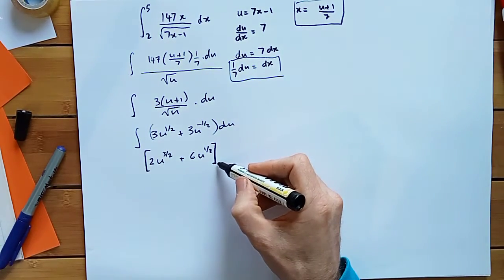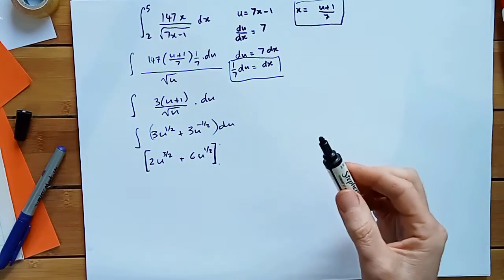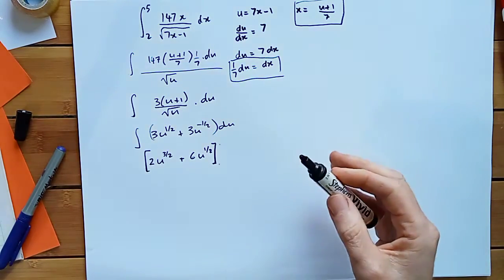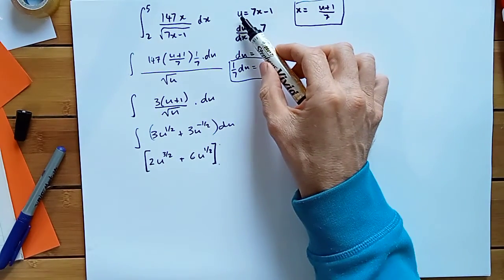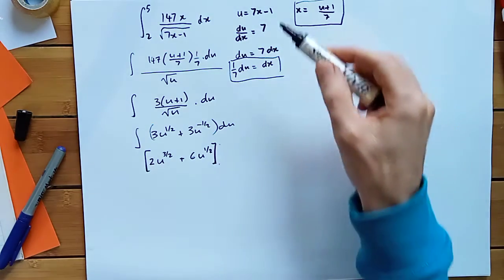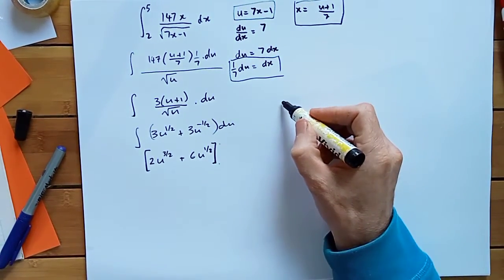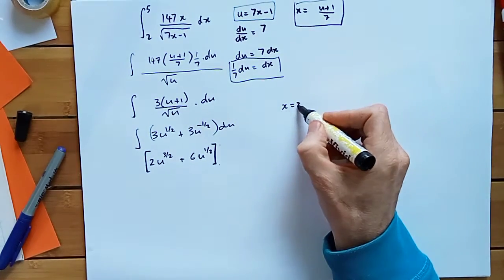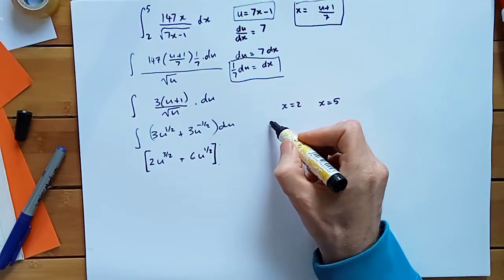So what have I got here and here? Well, what they did in the book, Education Perfect, which I don't really mind the idea, using what u equals here, they changed those bounds. So what were the boundaries? Well, we had x equals 2 and x equals 5. So what does u equal?